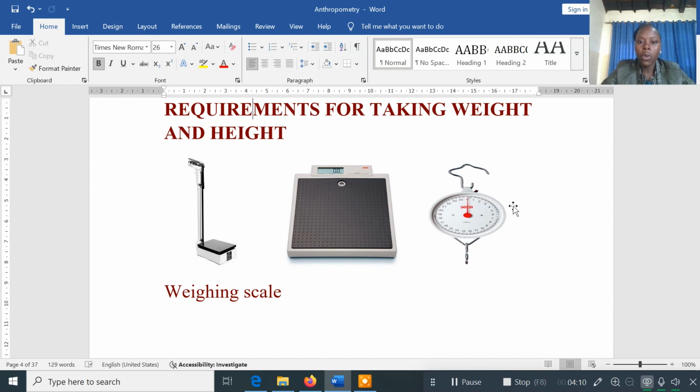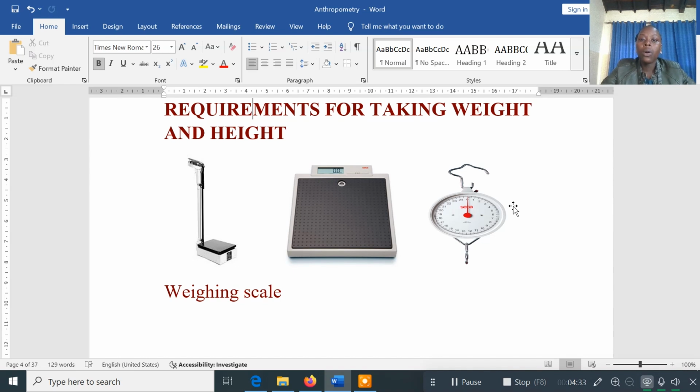On our objectives, we had an objective of the requirements. We have to know the requirements for use during these measurements. One of the requirements that we use for taking weight and height, so for weight, we shall need a weighing scale, okay?